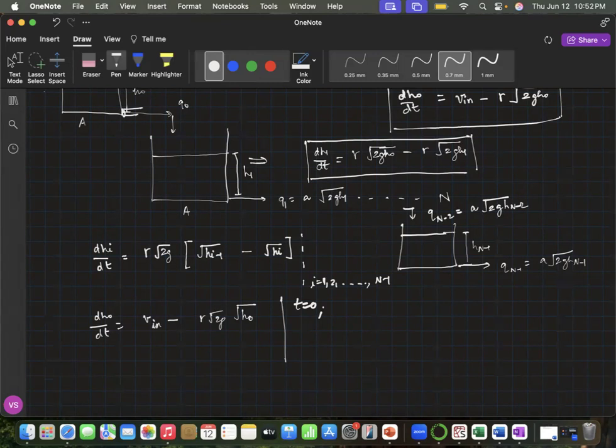So let's say that at t equals 0, we have h naught equals h1 equals h2 and so on equals h n minus 1 is equal to h superscript 0, right? That's the initial condition over here.